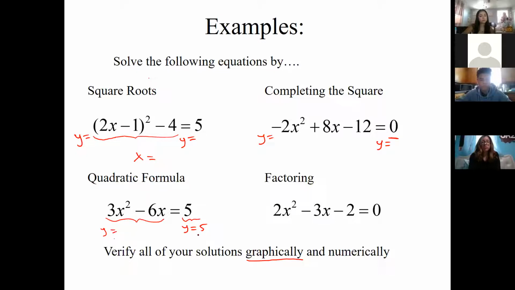You graph this, and you look at where they intersect, and those are the x coordinates. This again would be the x-axis, since it's y equals 0, and you graph y equals this. But that's to verify after we're done solving. So let's go ahead and try solving these.